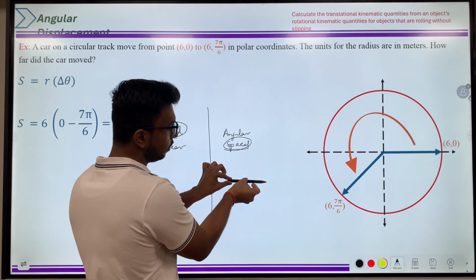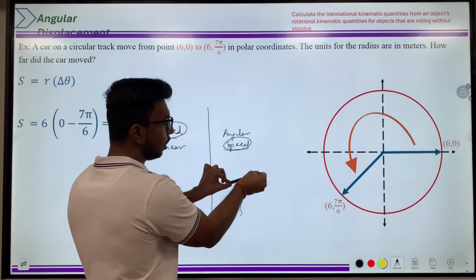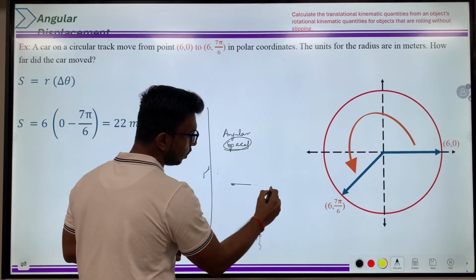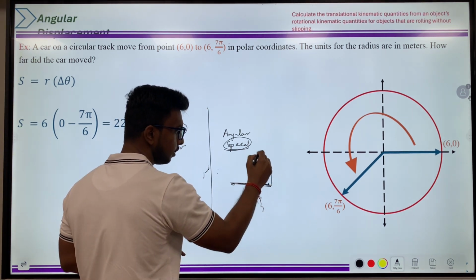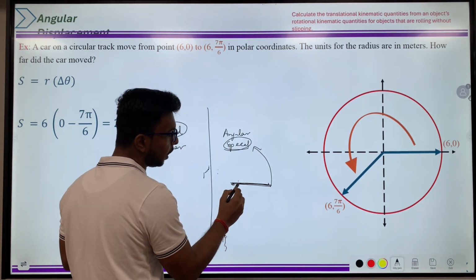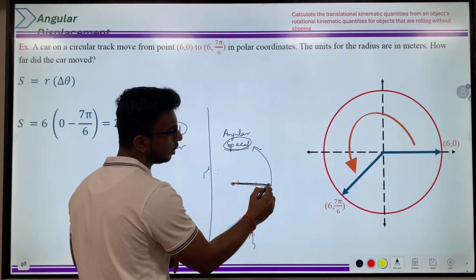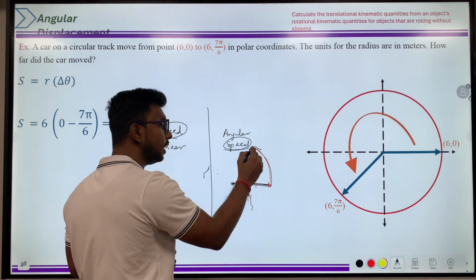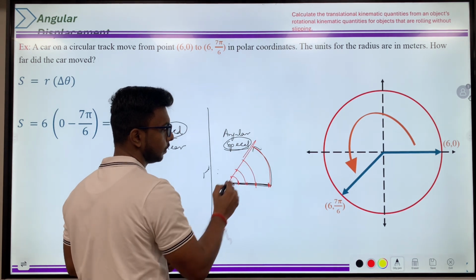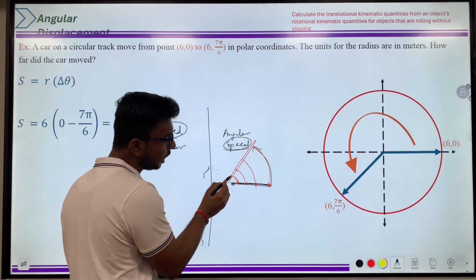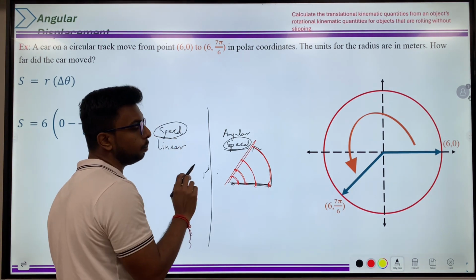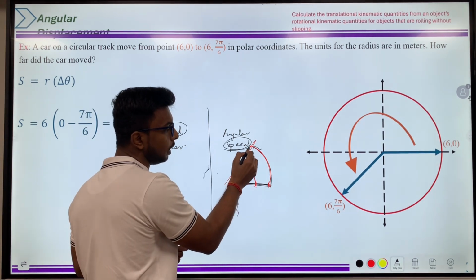If this is the pen which is rotating like this, you would always notice that this part of the pen, this part, and this part are traveling different distances, but they all reach their positions in the same time.